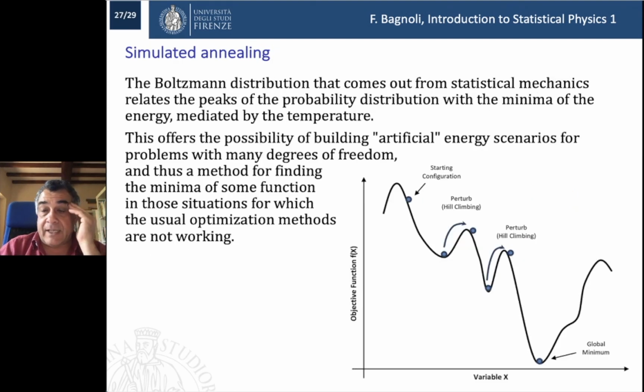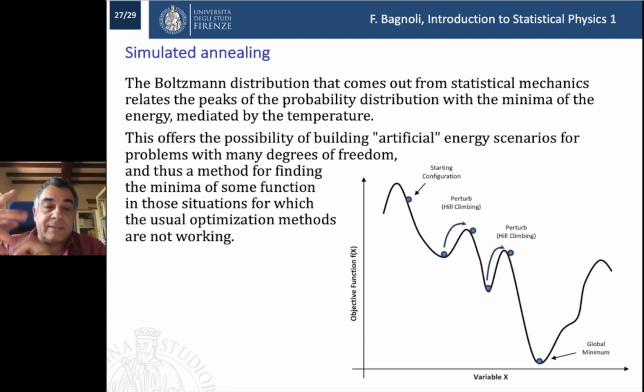And another tool that comes directly from statistical physics is simulated annealing. This is the problem of finding the optimum, the minimum or the maximum, of some function. This problem can be dealt with using standard techniques, say the simplex method for finding the minimum of a function that depends on a certain number of variables.